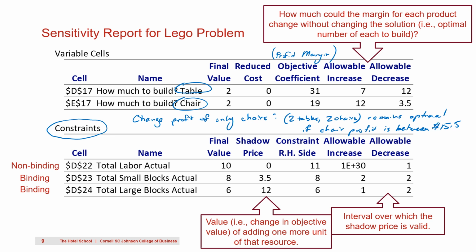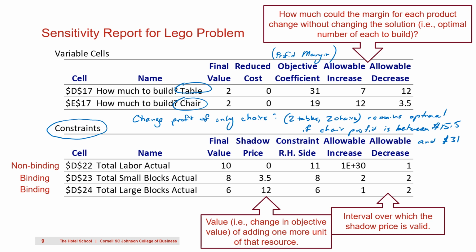It can go up by $12.31. As long as our profit per chair is in that range, we're going to have 2 tables and 2 chairs as our optimal solution. If it drops below that range or above that range, then we need to resolve.